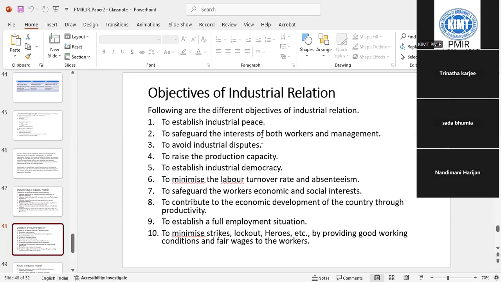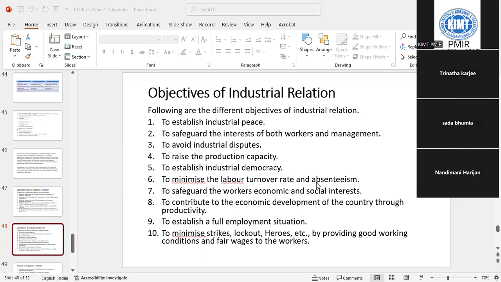So to reduce that, you have to maintain good relations between the employee and employer, and take care of all their benefits, all their salaries, all their compensation, then you can minimize the conflict. You can minimize the labor turnover ratio. That is actually labor turnover ratio. People are going. And absenteeism. Absenteeism means what?